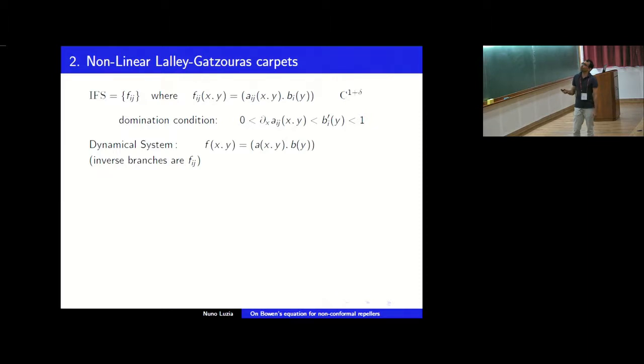Now, if you speak in dynamical system language, then this will be an expanding dynamical system, okay, with the same Q product formula. And the inverse branches of it are exactly these transformations, okay? So I will speak mainly in the dynamical systems language.